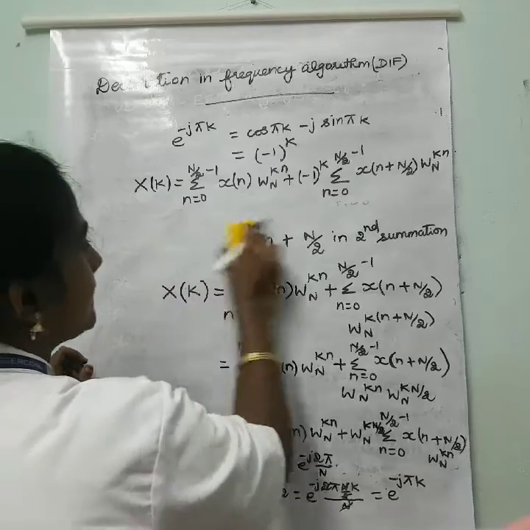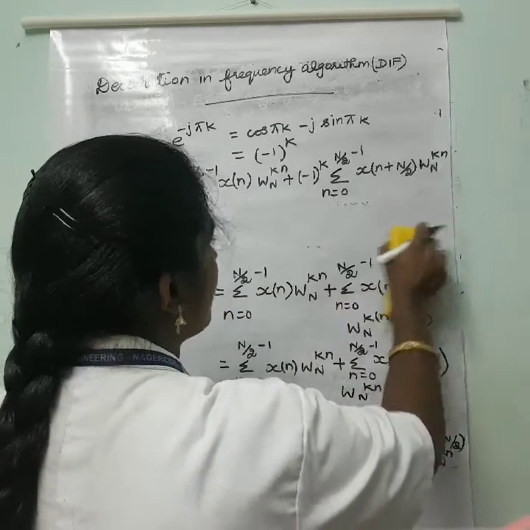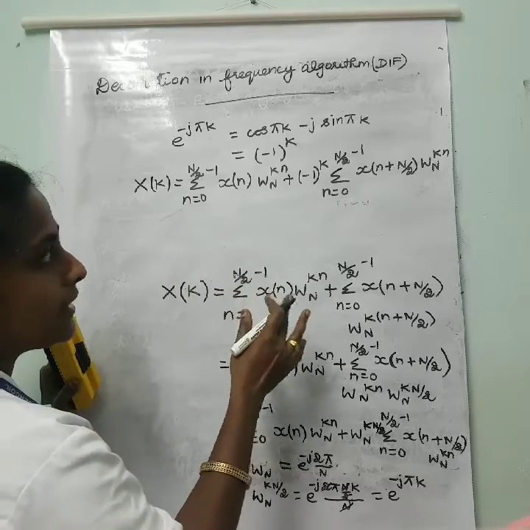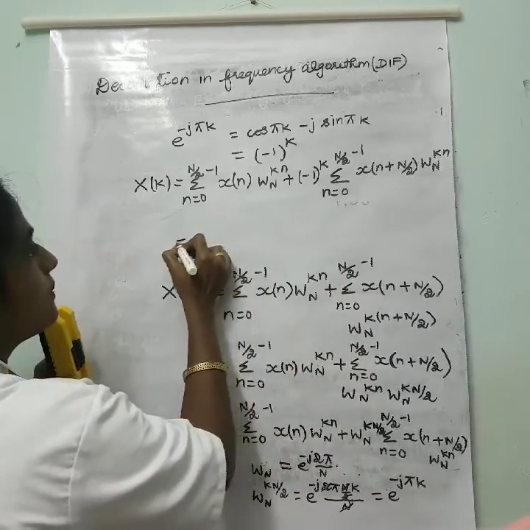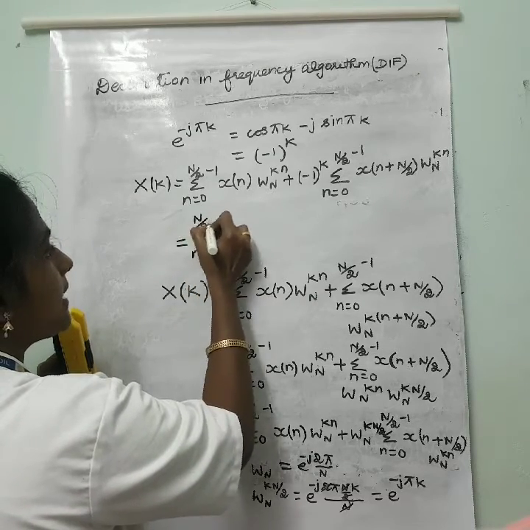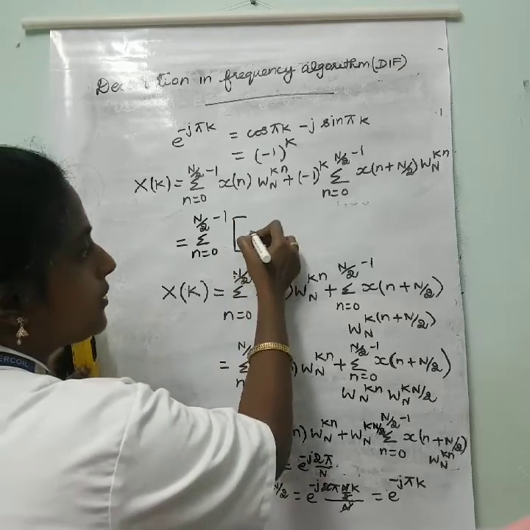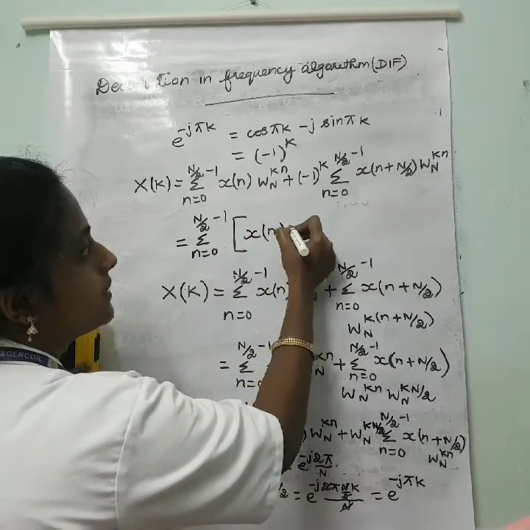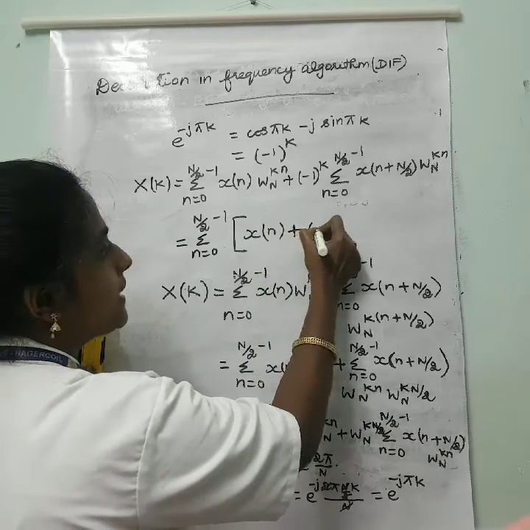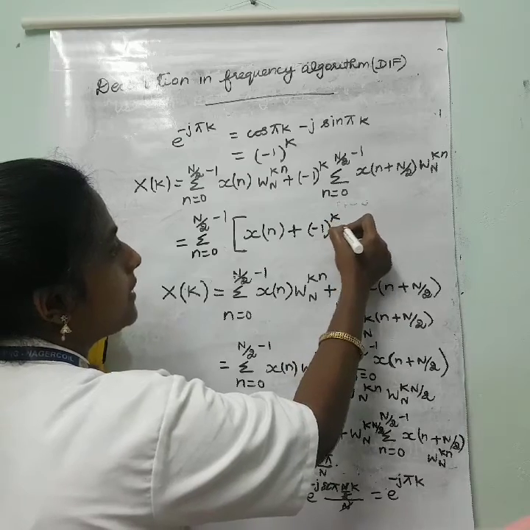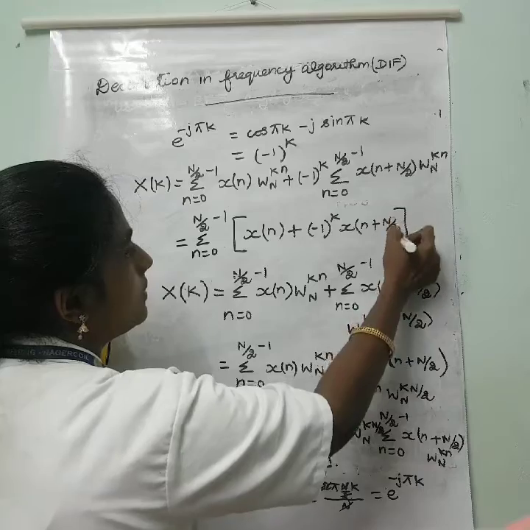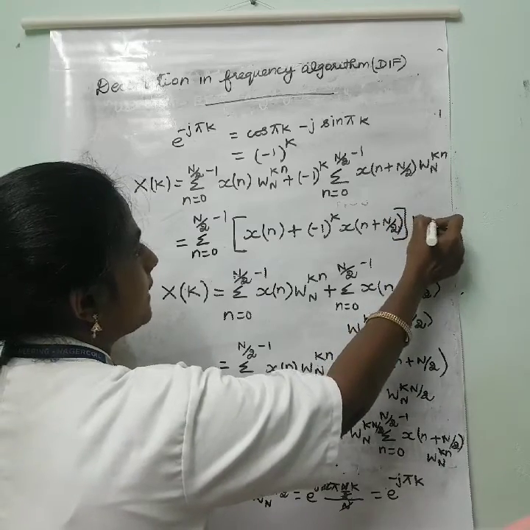Now we can take the summation and W_N power kn outside, because that is a common term for these two terms. So, summation n is equal to 0 to N by 2 minus 1 of x of n plus minus 1 power k into x of n plus N divided by 2, into W_N power kn.